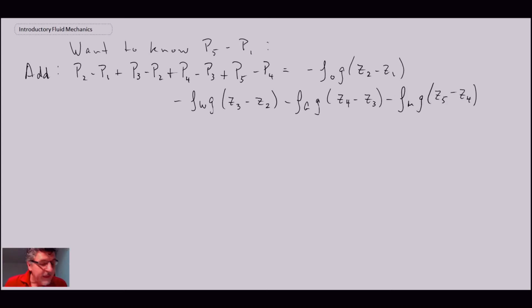Once we've done that, first of all, on the left-hand side, we have the pressures. P2 is going to cancel out with that P2, P3 is going to cancel out with that P3, and P4 will cancel out with that P4. So what we're left with is P5 minus P1 on the left-hand side.